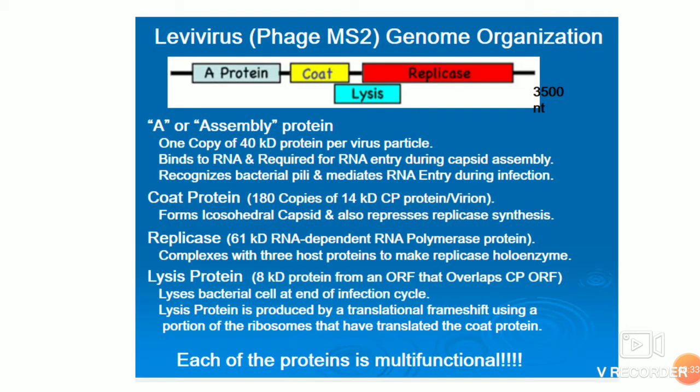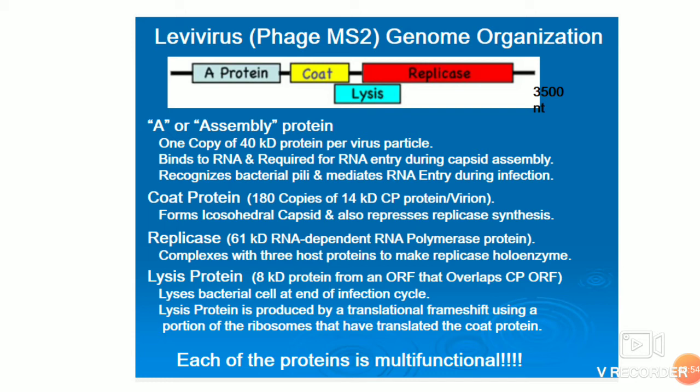Okay, so coming to the structure of Leviviruses, how the genome is organized. I have told you the whole single stranded RNA genome of these small phages is less than 4500 nucleotides, and MS2 is 3500 nucleotides.